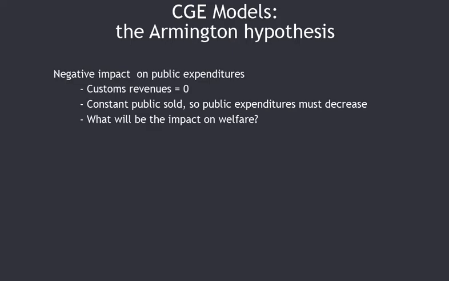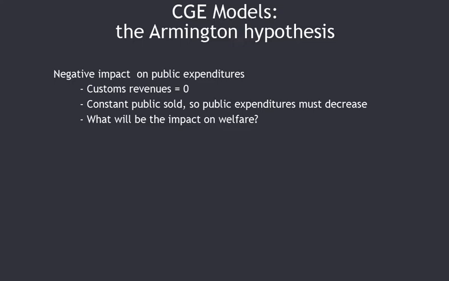You can, of course, look at the results on the other variables, for example on public expenditures. This policy reform has a negative impact on public expenditures. Why? Because first, customs revenues are cancelled, so this reduces public revenue. And second, since the public balance is assumed to be constant, public expenditures must be reduced.